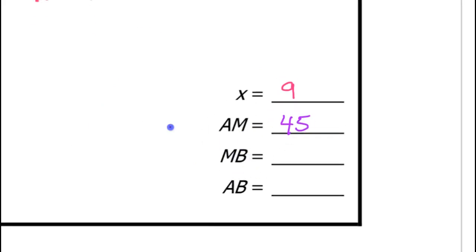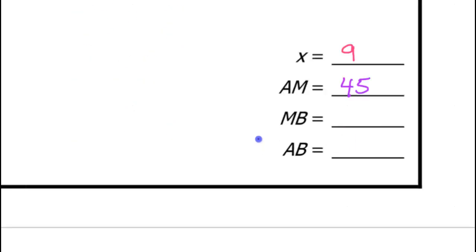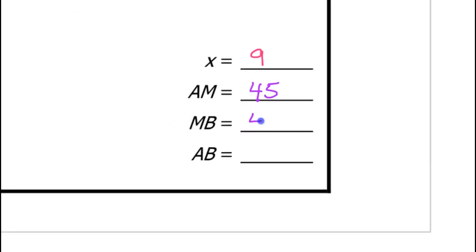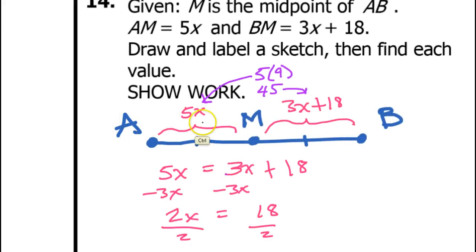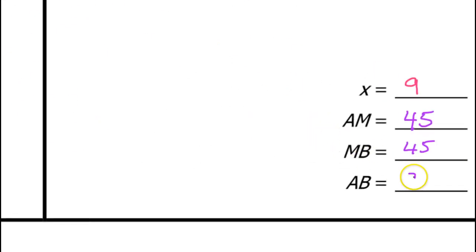What about MB? Well, I could plug in 9 again, but these two sides are equal. So if the left side is 45, you know that the right side must also be 45. So MB must also be 45. And then AB. Well, AB is the whole thing. So that should be 45 plus 45, or 45 times 2. So that's going to be 90.